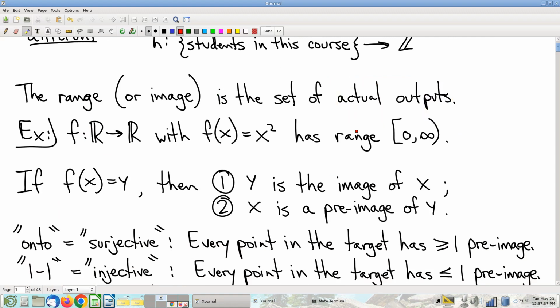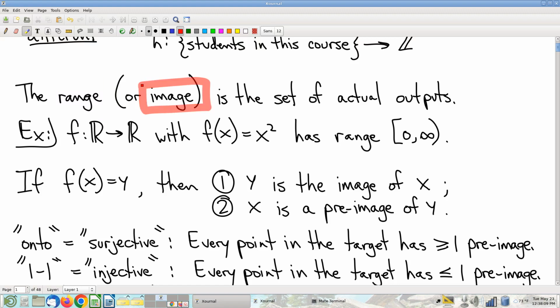Now, sadly, this term range is very commonly conflated with target. Depending on which book you pick up, they'll kind of interchangeably use the two words to mean the same thing, and they never really quite get around to being precise about what they actually mean as the definitions of these two things. And that's really unfortunate. It does cause problems, not in their books apparently, but in other contexts it does cause problems. The good news is this word, to my knowledge, is not.